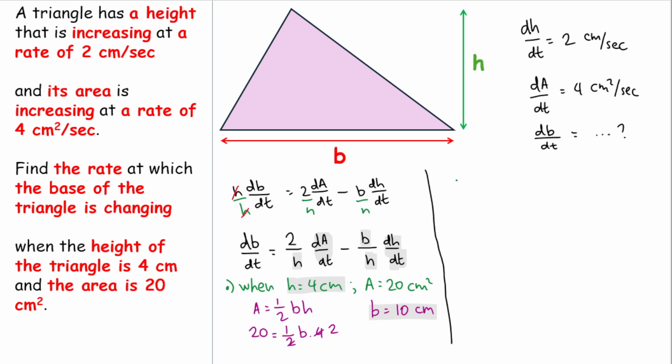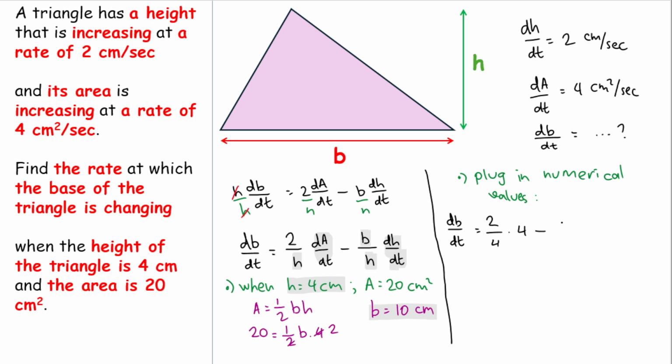And all that we need to do is to plug in the numerical values. Okay, so we will have dB/dt here on the left hand side, and on the right hand side I will have 2 divided by h. h is 4, so we'll have 4, and then dA/dt is also 4, so we'll have 4 here, and then minus, what is the base?